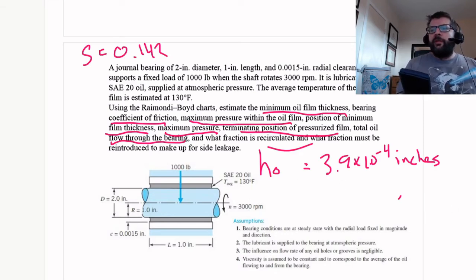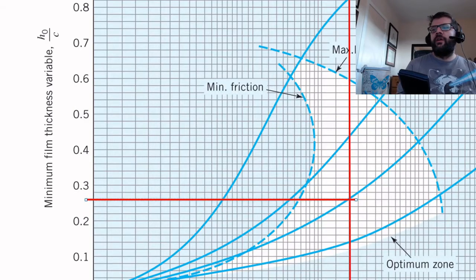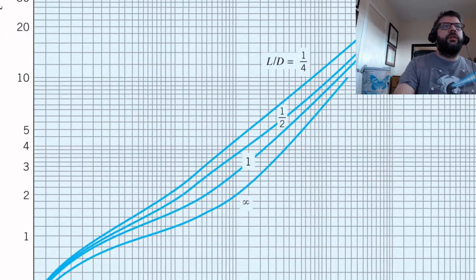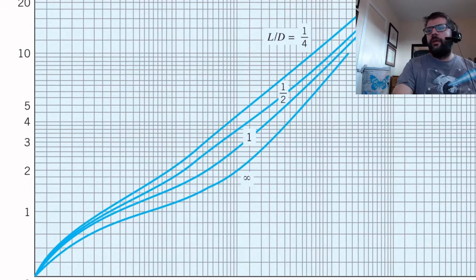So, bearing coefficient of friction. Hey, they put them in the same order, not shocking. Okay, so we are looking again at kind of just above this line here.